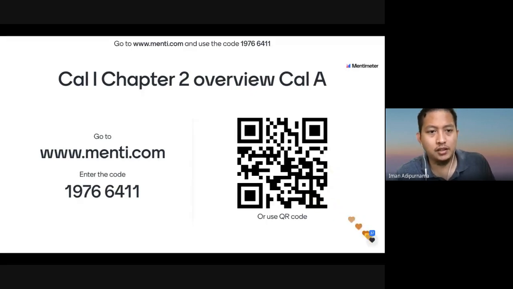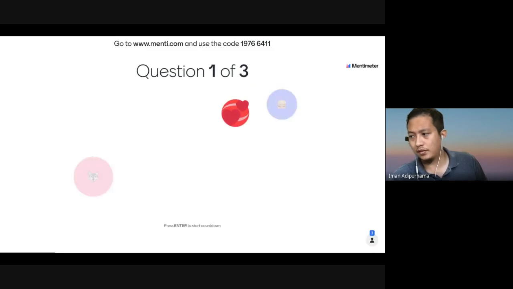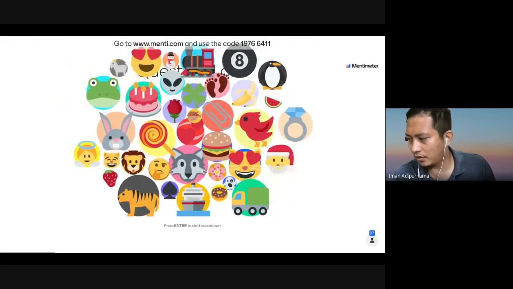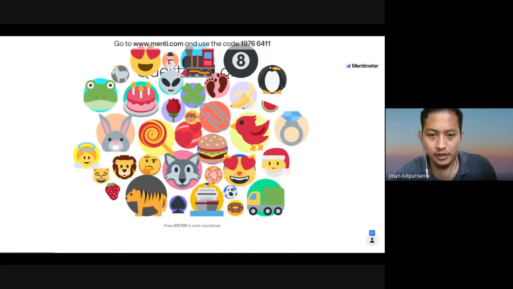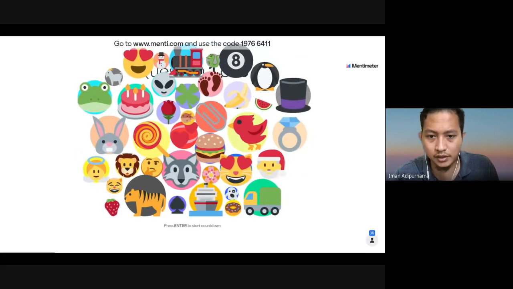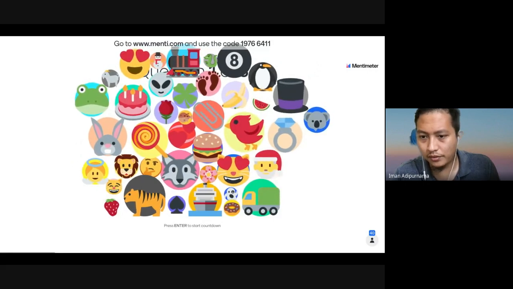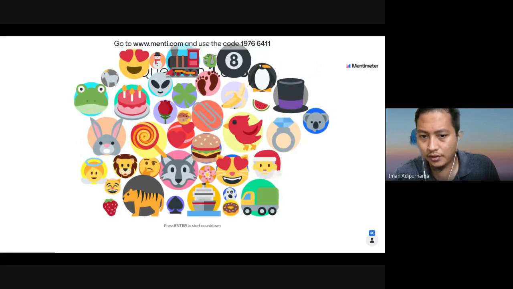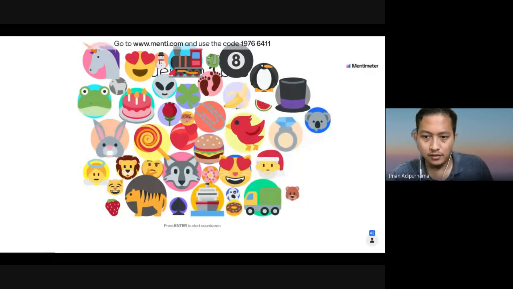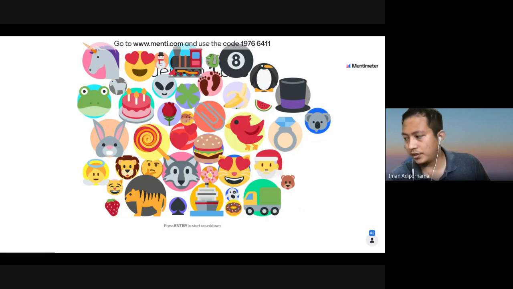You can use the website if you cannot join with the QR code. Okay, I can start now. Get ready. You can use any nickname, but if you win the game, please tell me your student ID. 41, 42. Let's start. 3, 2, 1. Let's go.